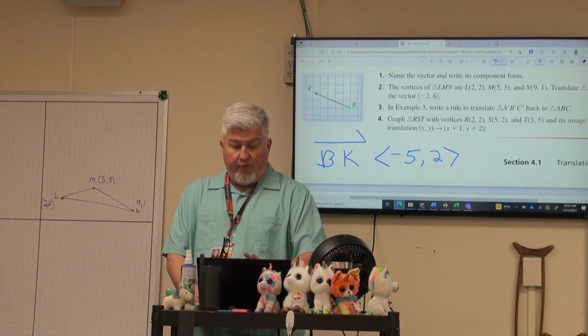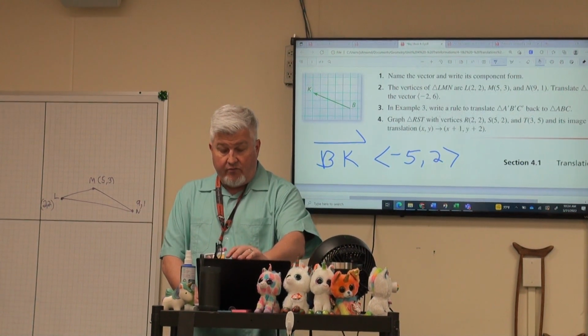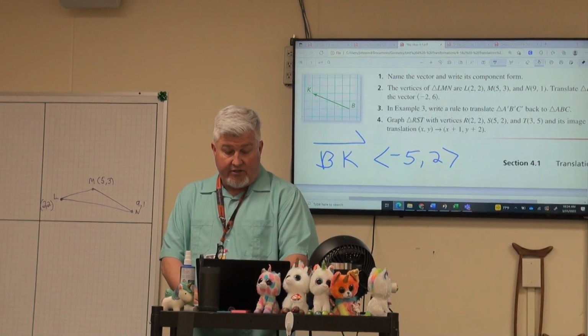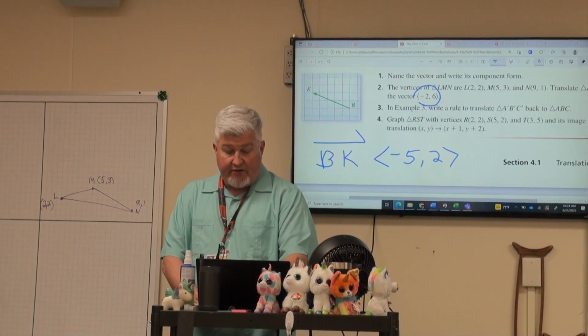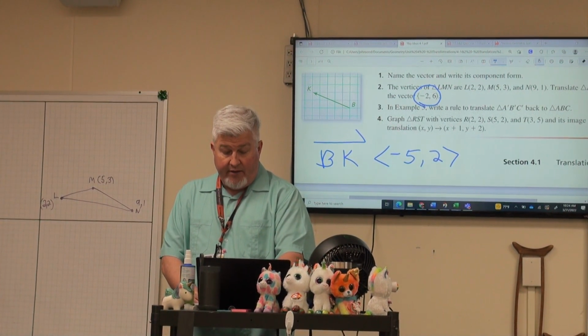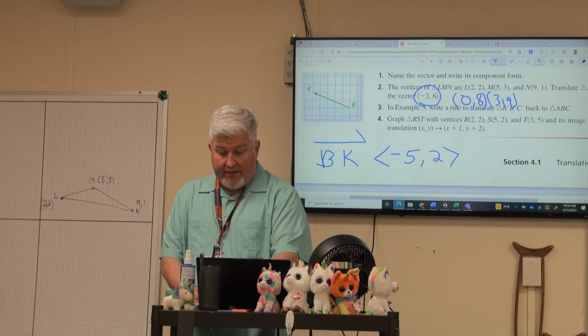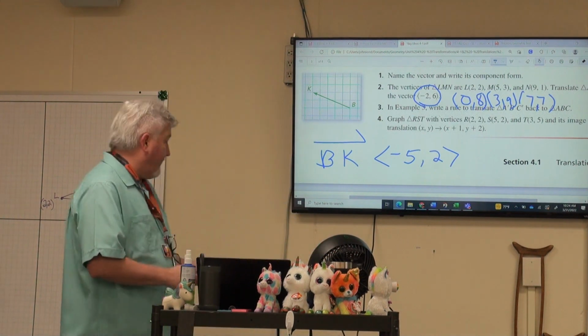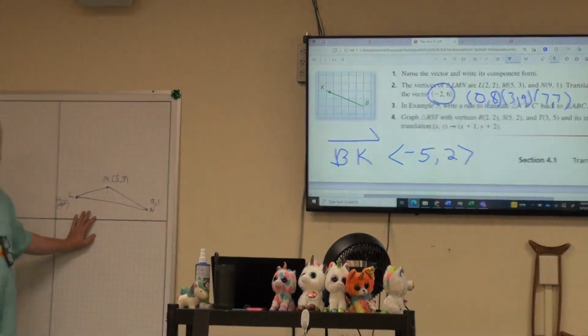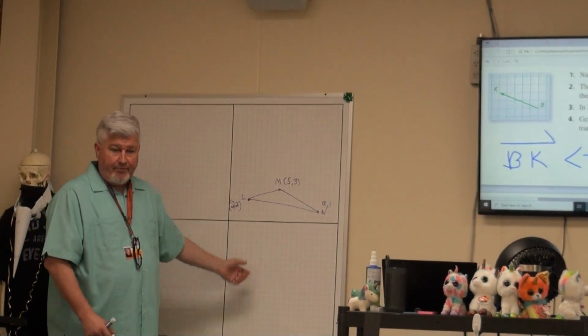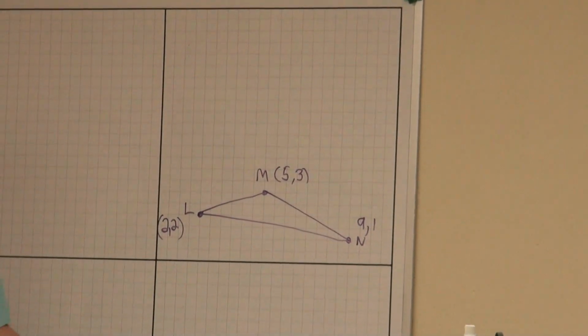Great. So for number 2, I'm going to quickly write the points down for my translation. My vector for number 2 is negative 2, 6. So L prime becomes 0 and 8. M prime becomes 3 and 9. And N prime becomes 7, 7. I've graphed the original here. I'm counting by 2s on my graph just to make the image larger.